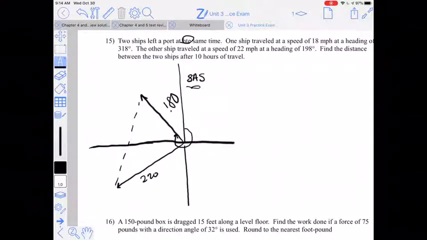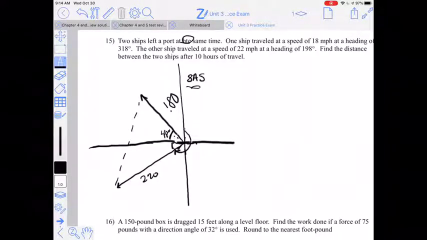Okay, so we have this gap then is 48 degrees. Now this heading there, if you remember, was 198 degrees.